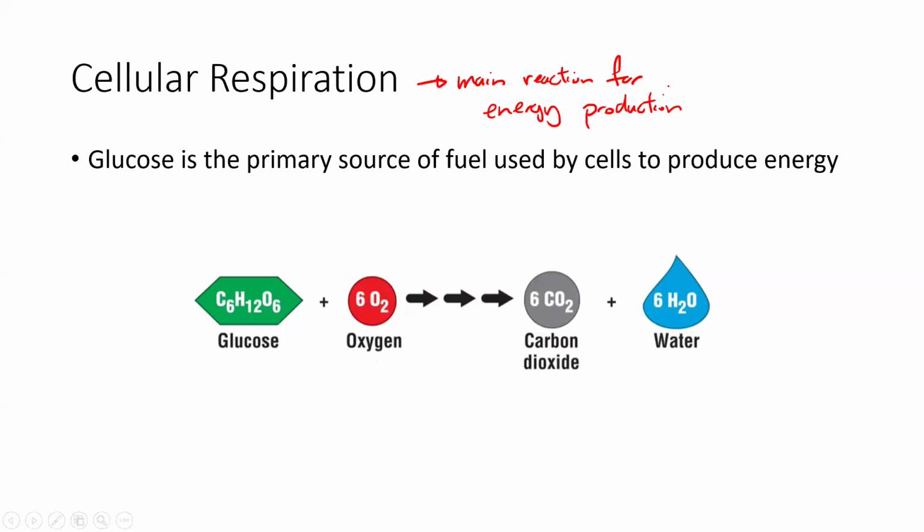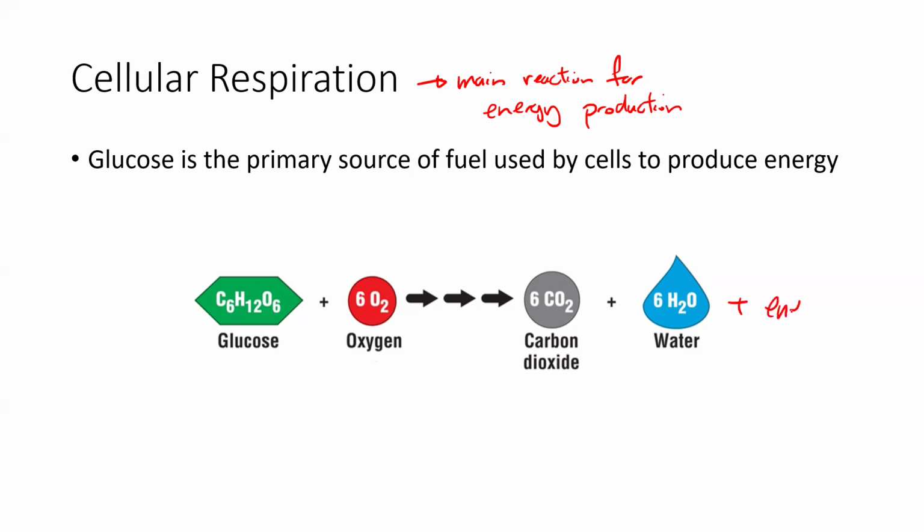It's 24/7. Even when you're sleeping, your cells continue to burn glucose, reacting it with the oxygen that we breathe, and then it produces carbon dioxide and water as a byproduct. But more importantly, after this reaction, it creates energy.